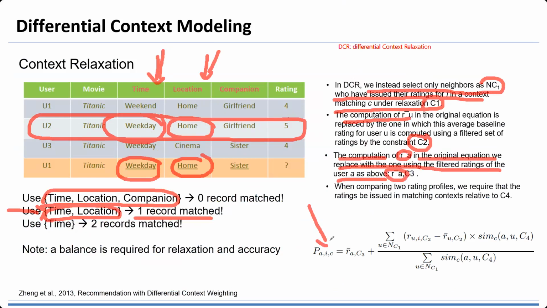If you still remember the Pearson correlation, when we want to predict the rating, we will get the R bar. What is R bar? It is the average rating from this user.